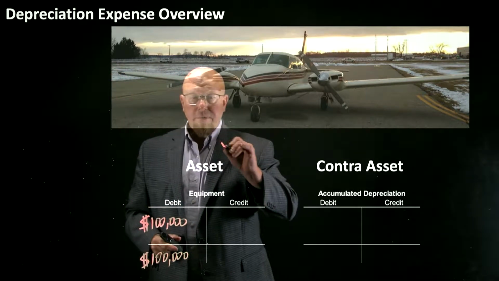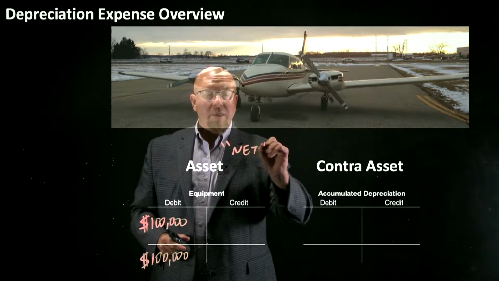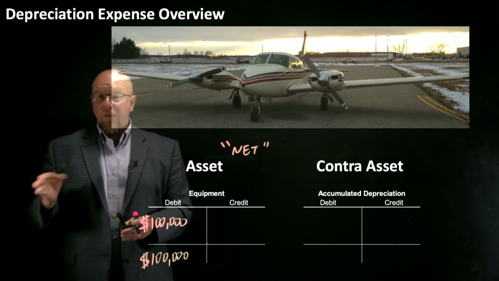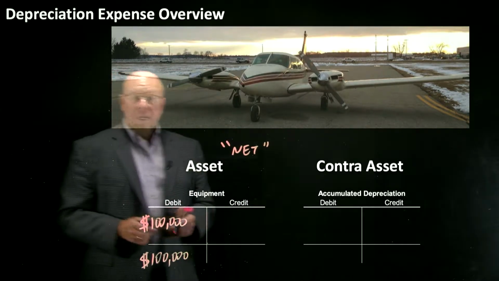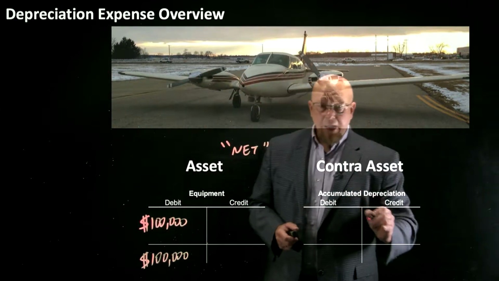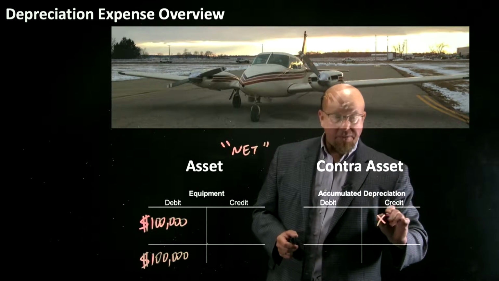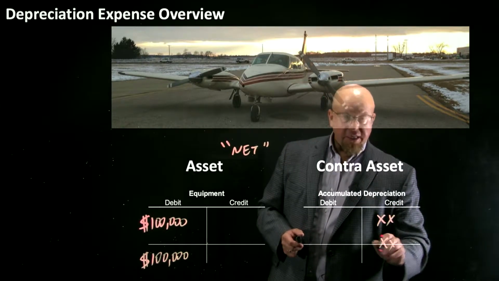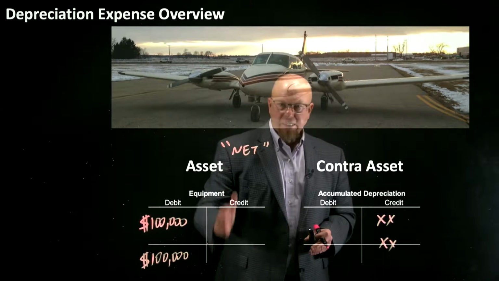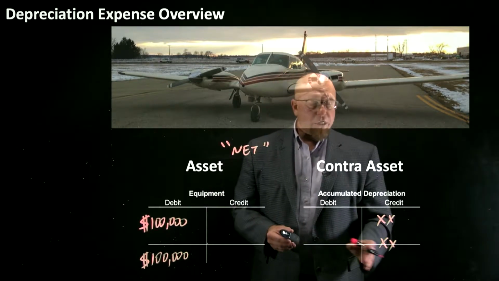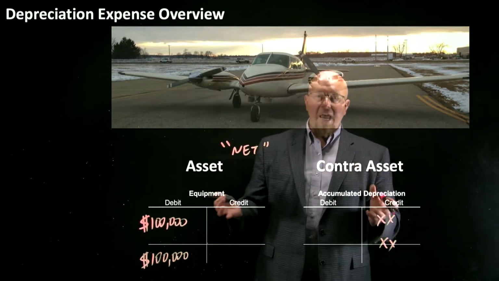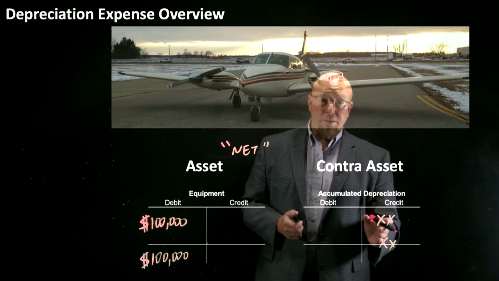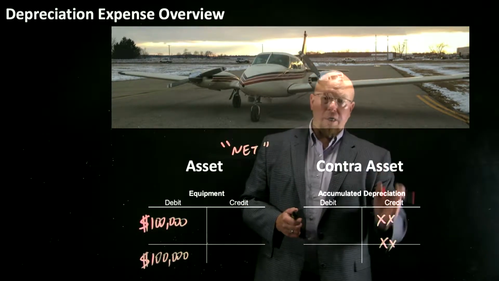Anytime we see the term net, what we're really doing is we're combining at least two or more accounts. And what you're going to see is going to happen as we record depreciation expense periodically. Instead of directly reducing the asset account with a credit, we're going to reduce the net asset reported on the balance sheet by crediting this contra account.